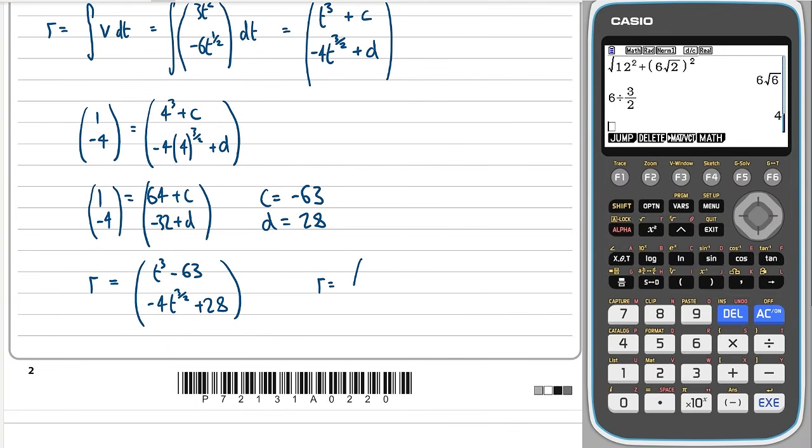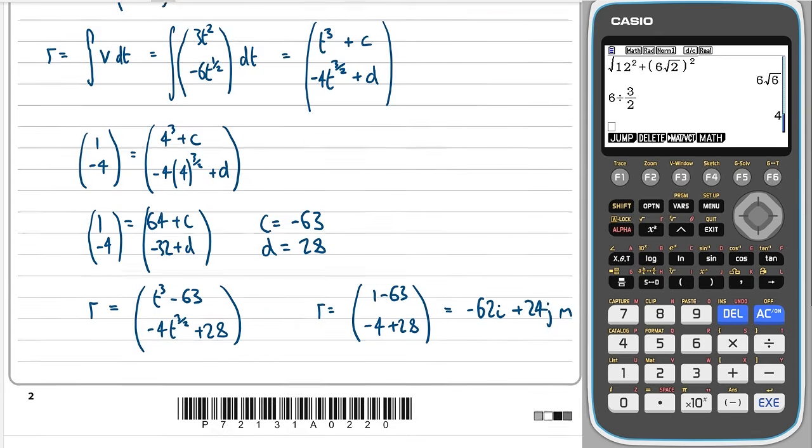Well, just sub in t equals 1. And we're going to get 1 minus 63, and we're going to get minus 4 plus 28. So we will get minus 62i and plus 24j meters. And we are done.